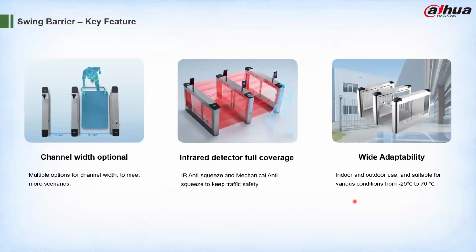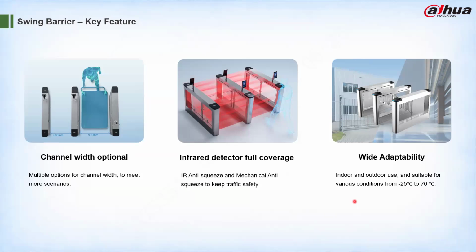So the key features are that we have channel width optional, meaning we have multiple options for channel width to meet more scenarios. Because again, we find that some gates are supposed to allow you to pass with bulky trolleys, the ones that carry heavy luggage. We have infrared detector full coverage.